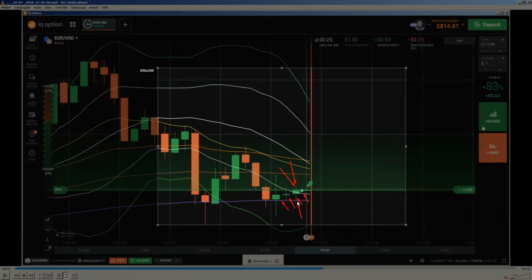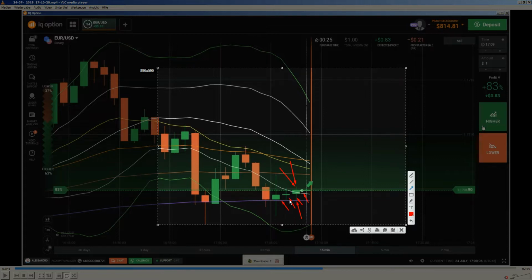We got a rejection from the 200 EMA. We stopped exactly with a bullish candle. It's a small bullish candle, but it's still bullish at this key level, and that was the reason why I entered into a call trade at this level, because now I was expecting that price would retrace from the 100 EMA, because it's ranging.